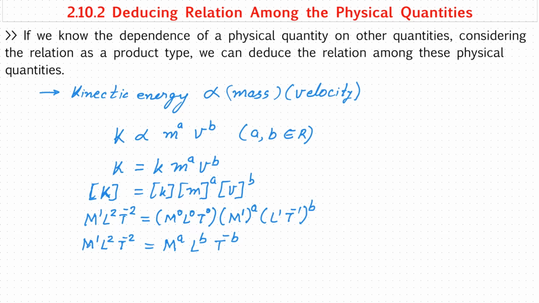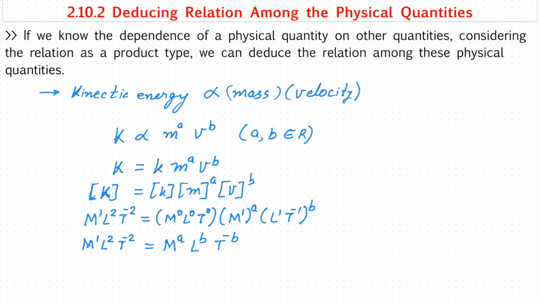Now here we are having one equation in which the left side is also having M, L, T as base and the right side is also having M, L, T as base. So obviously we can compare the powers of same base. I repeat, we can compare the power of same base. For example, M raised to 1 in the left side and in the right side M raised to a.